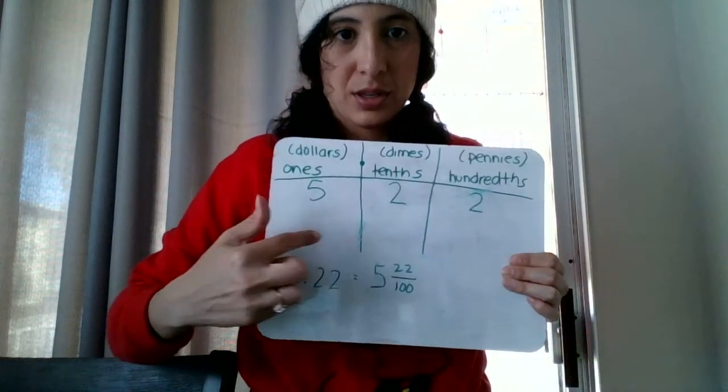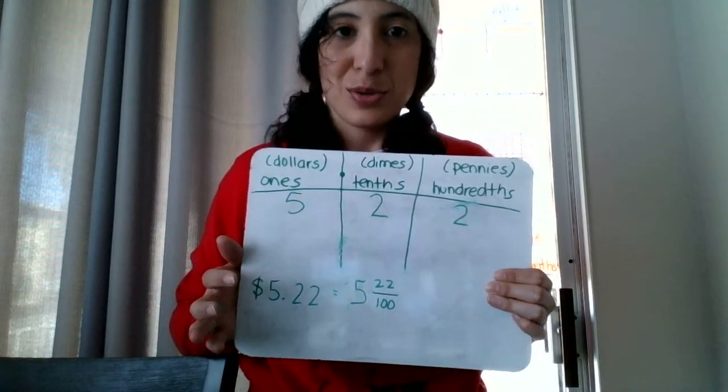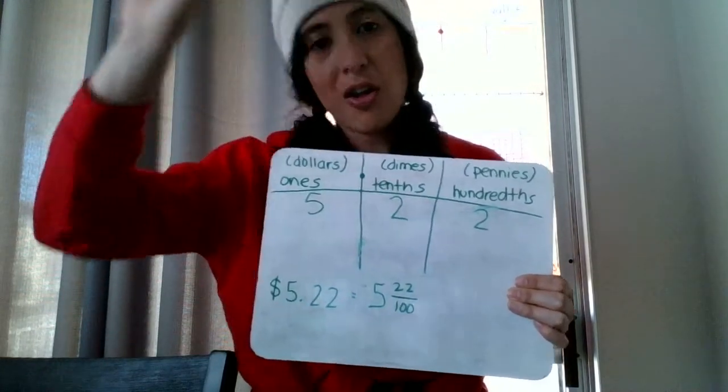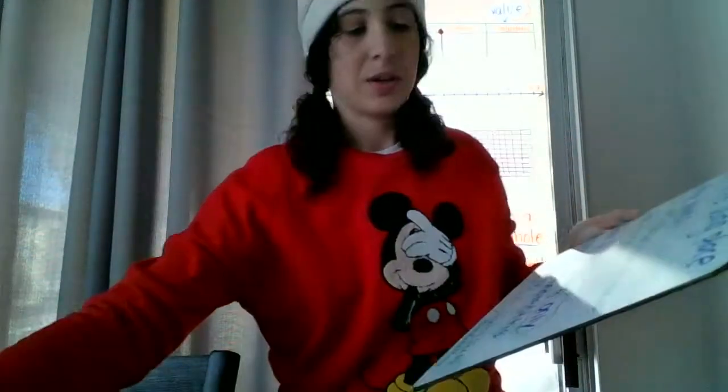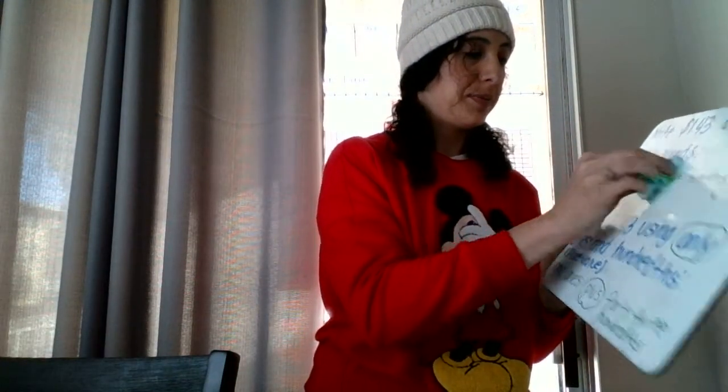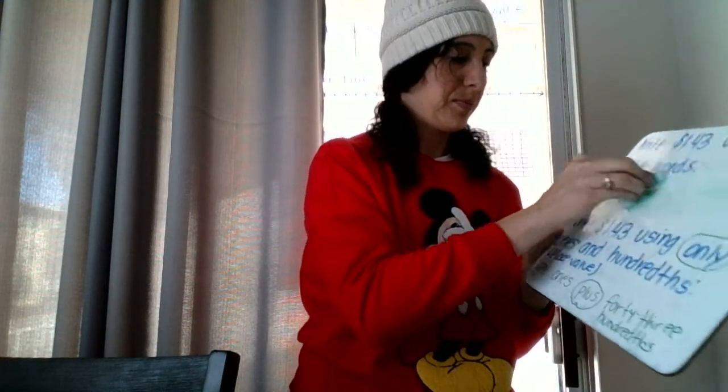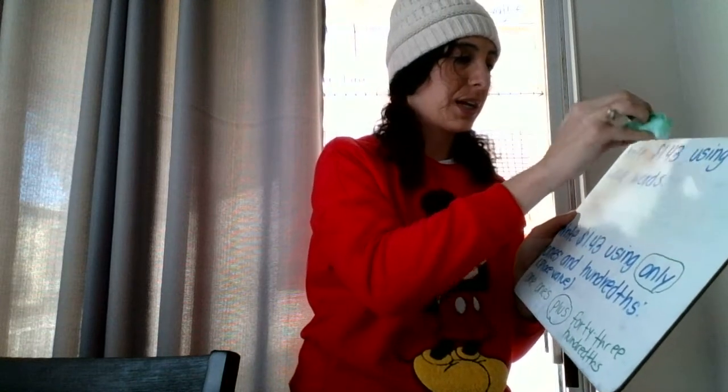Okay. So now I'm going to ask you to write that in all of those word ways that we did. Okay. So I want you to write $5.22. Sorry, it's going to get kind of messy.